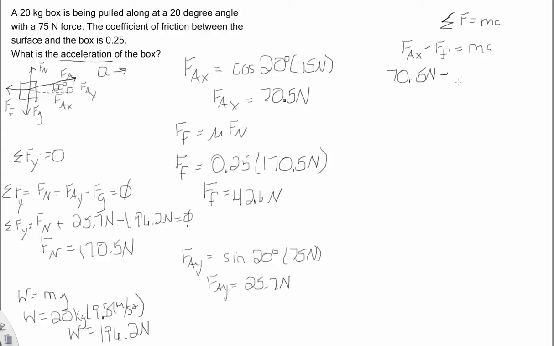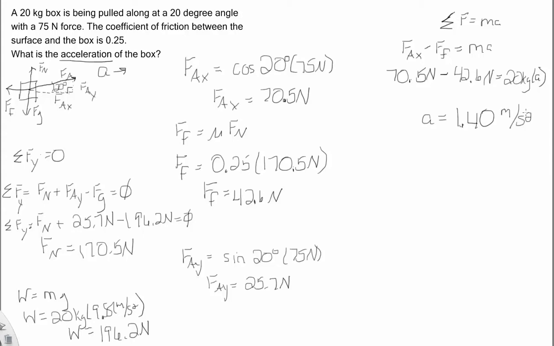Now I can plug that up here into my very original equation, the sum of the forces, Newton's second law: minus 42.6 newtons, equal to m, the mass of 20 kilograms, times unknown a. Now I just do the subtraction, and to get a by itself, I divide both sides by 20.